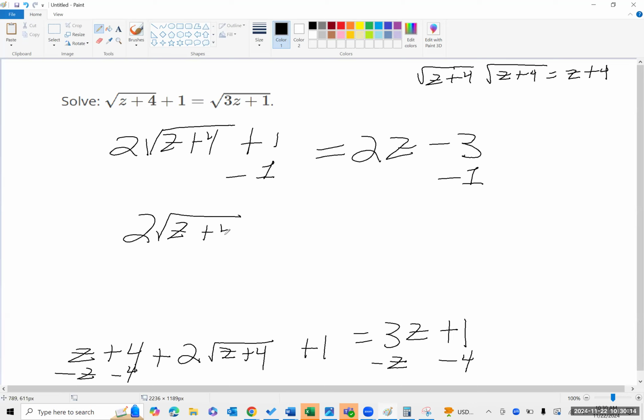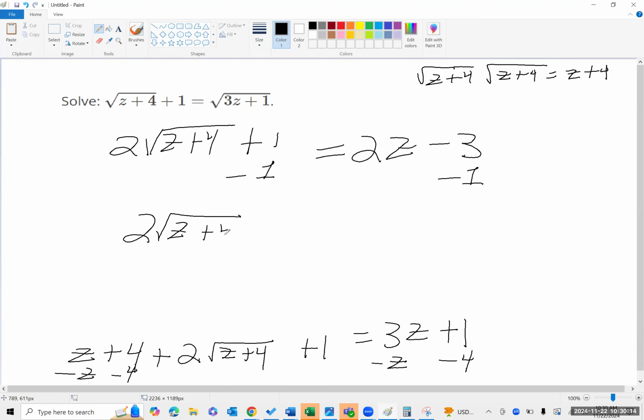Oh, and I shouldn't forget this -4 over here. So I'm left with square root of z plus 4 is equal to z minus 2.